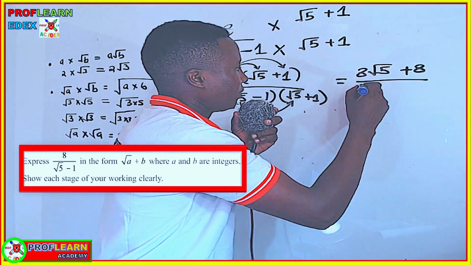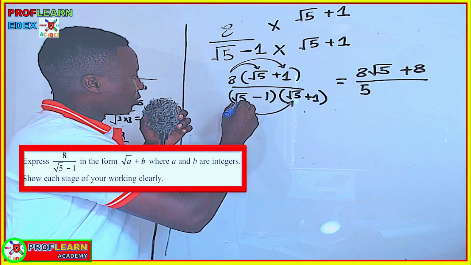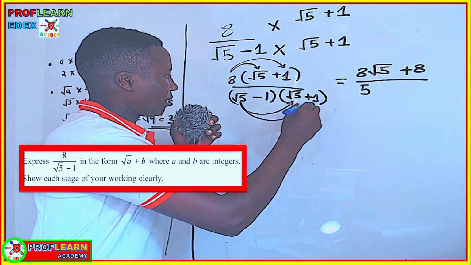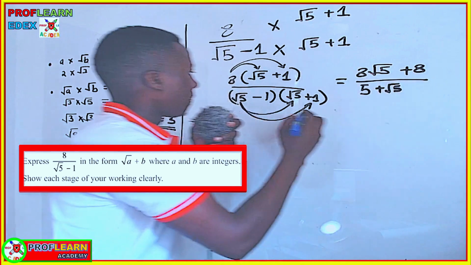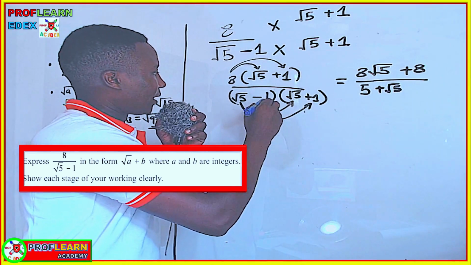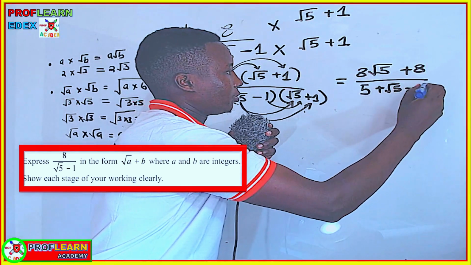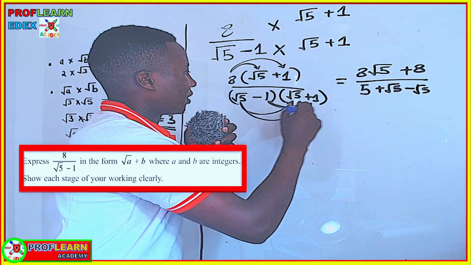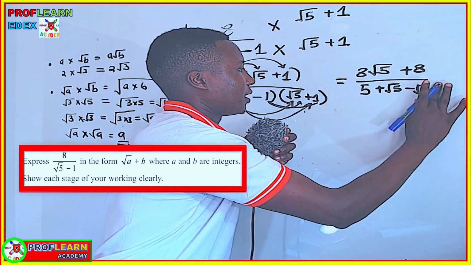Then root 5 times 1 is plus root 5. Then negative 1 times root 5 is minus root 5. And negative 1 times negative 1 is plus 1.